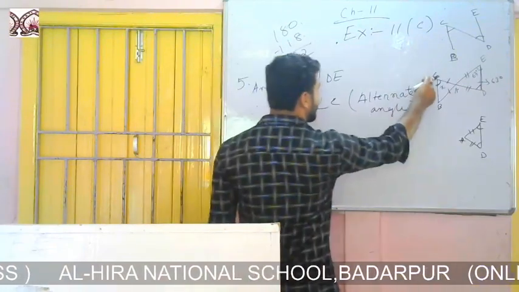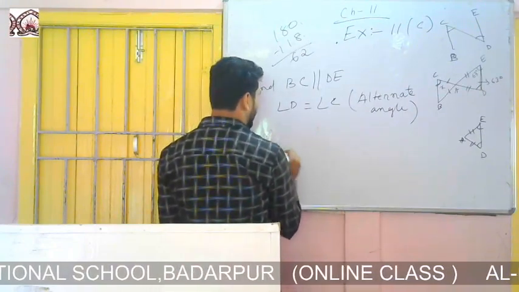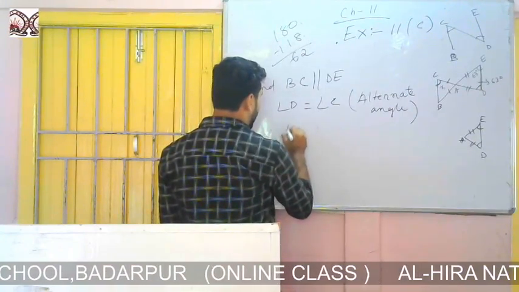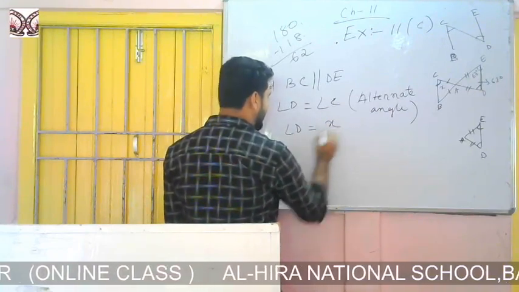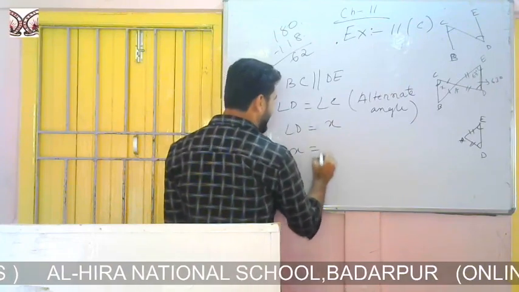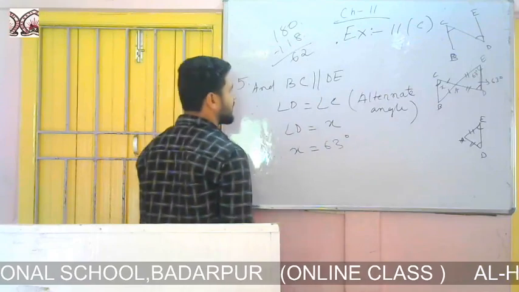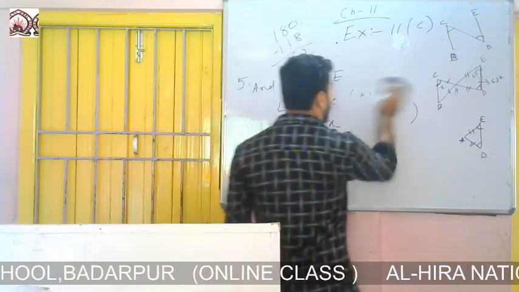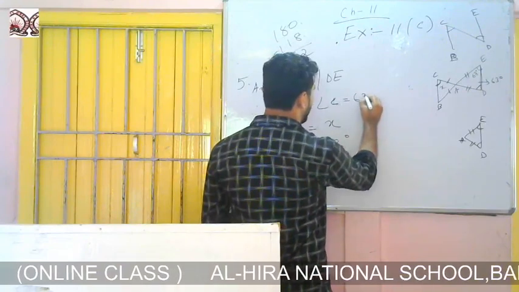Therefore in place of C I can write X. Therefore angle D equals to X. Then X equals to 63 degree, because here you can write like that: angle C equals to 63 degree.